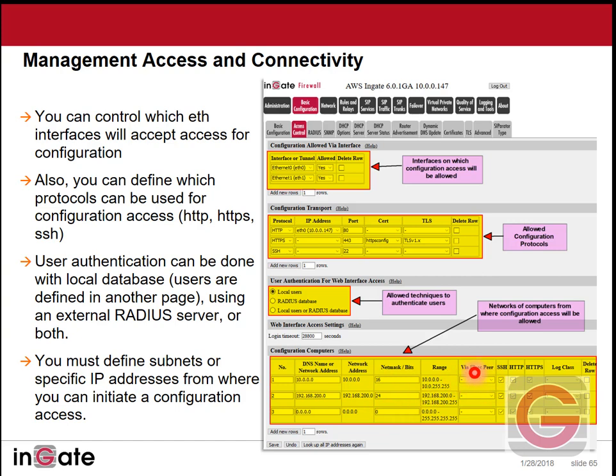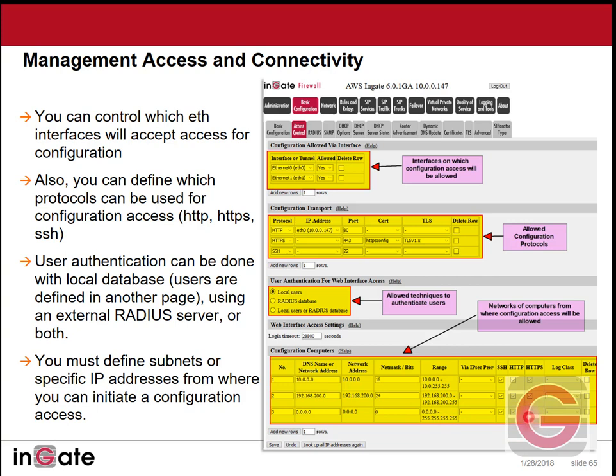and if it is going via an IPsec peer, you can select the IPsec peer, and you select which protocols will be authorized or allowed for this specific origination address. For example, here we are allowing from anywhere, and in this case all of the protocols are selected, but it could be only HTTPS.